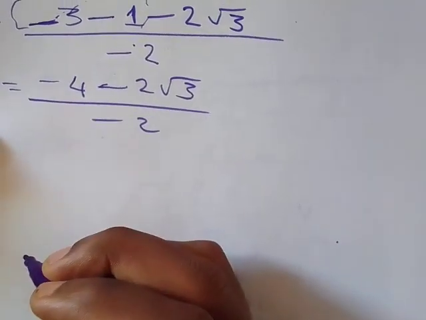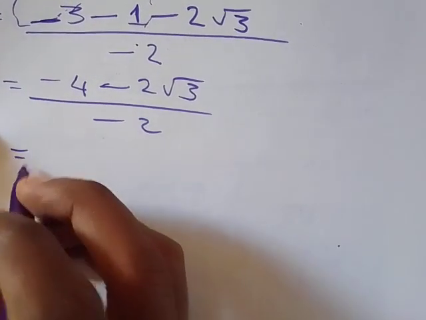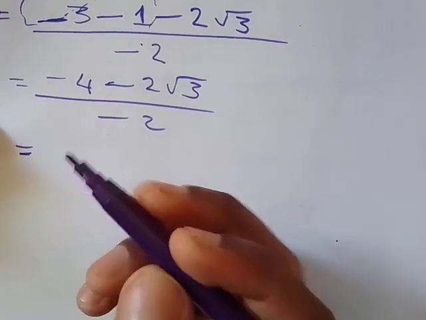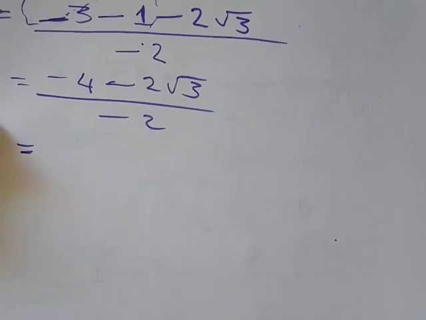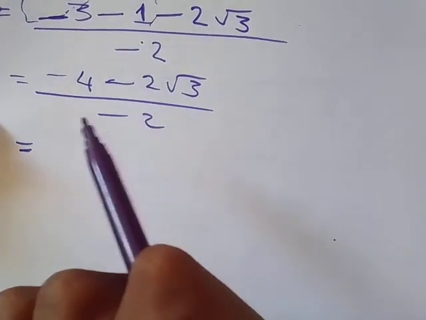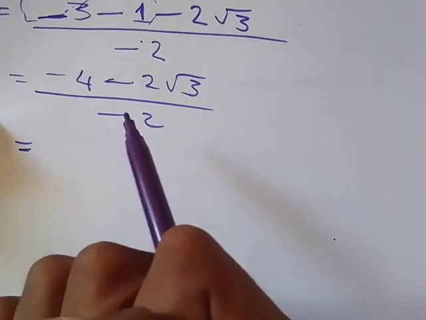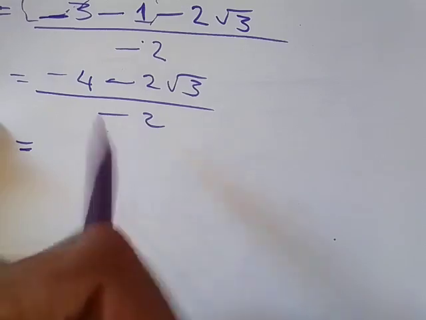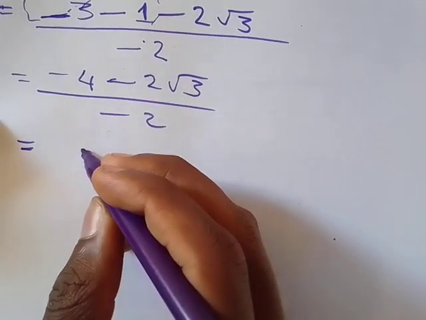Okay, so after you do this, there is another, let me just call it a rule. In a case where you are rationalizing the denominator, you apply a certain concept in mathematics.